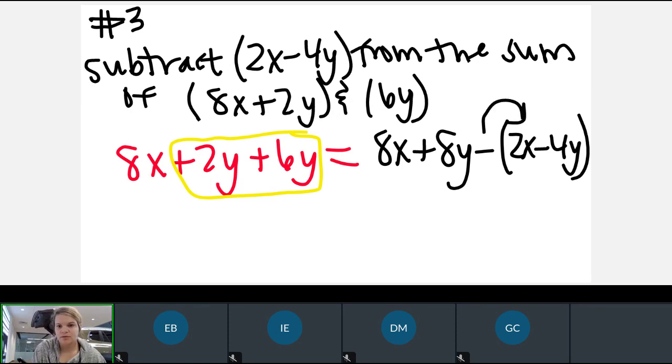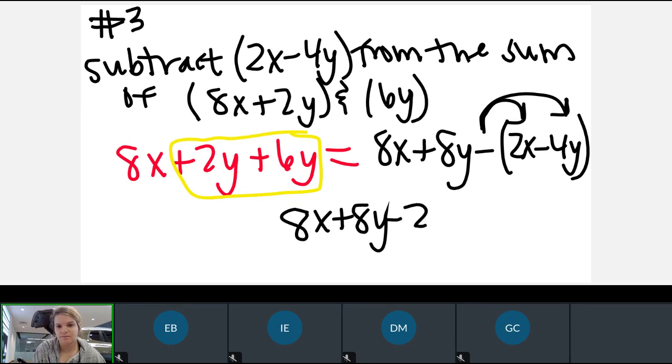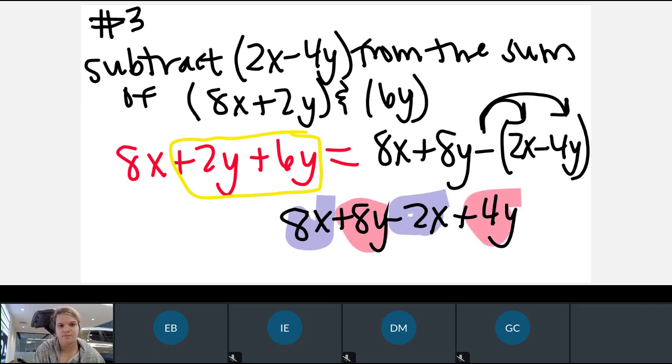Okay. So I'm going to subtract 2x and subtract negative 4. Remember, you have to distribute that negative to both. So this would become 8x plus 8y minus 2x plus 4y, that double negative. The like terms here would be 8x minus 2x and then 8y plus 4y.